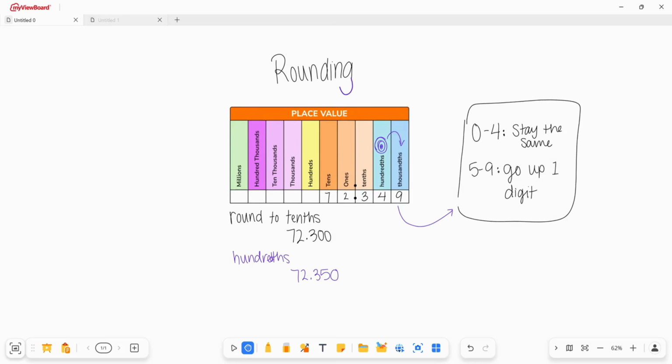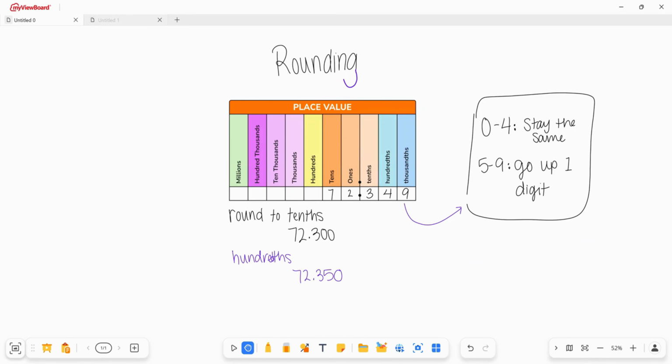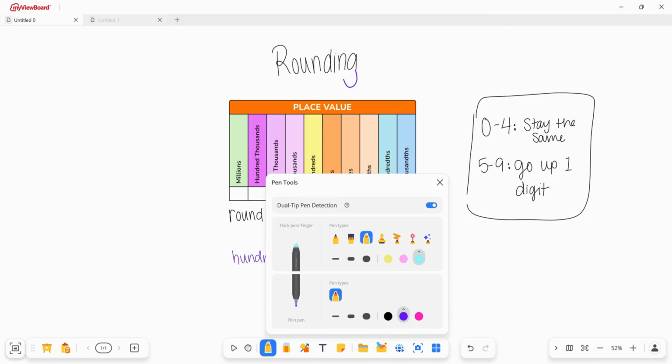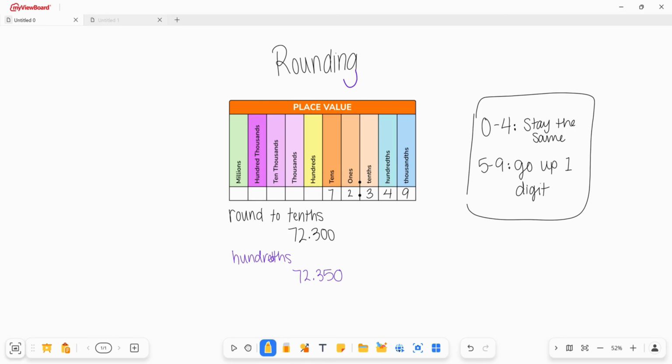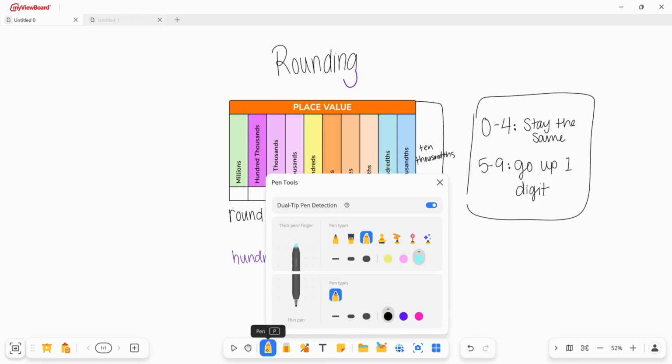Okay, let's do one more and we'll practice it with the thousandths. So let me give us just another chart here. So this would be our 10 thousandths. Okay, if I had the digit, let's say 8.